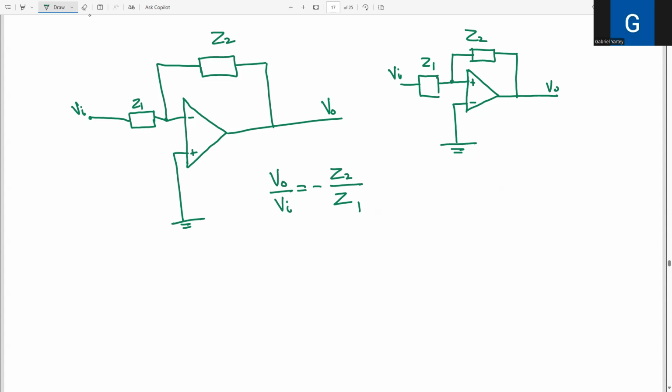So to find the transfer function of a non-inverting op-amp, it's going to be V output over the input, 1 plus Z2 by Z1, is it minus?